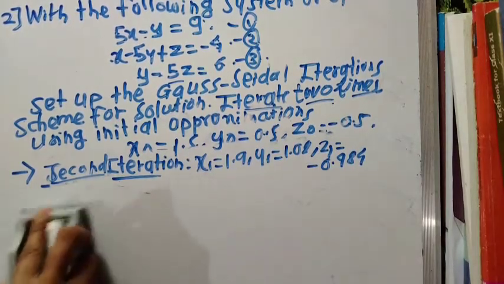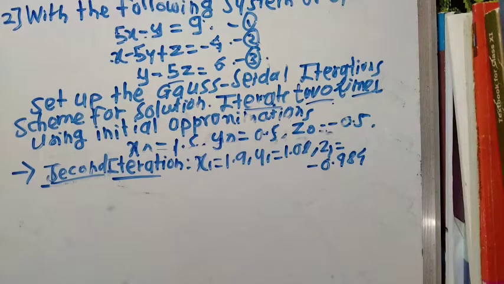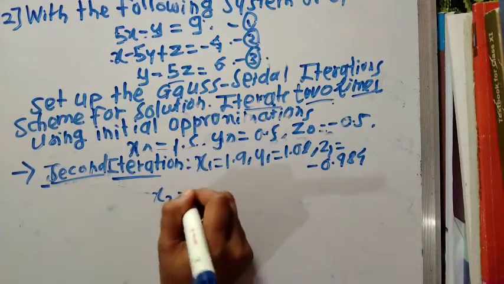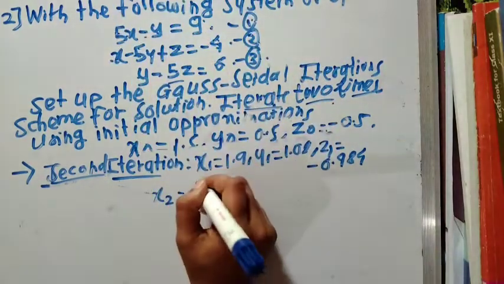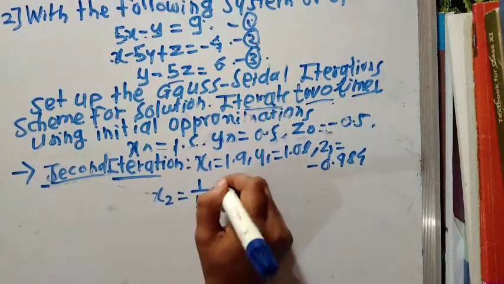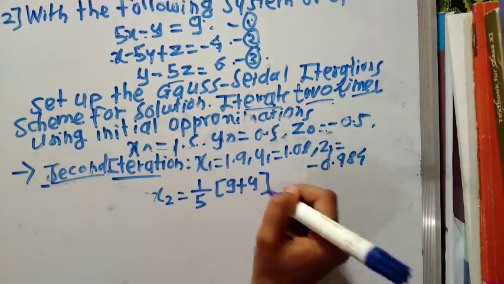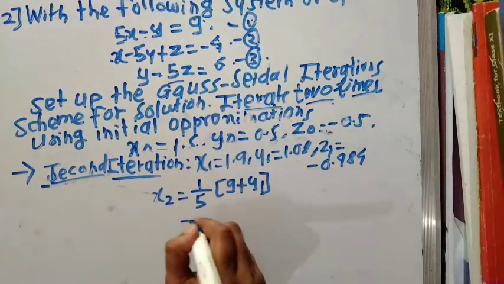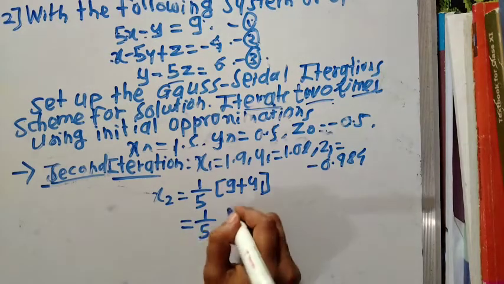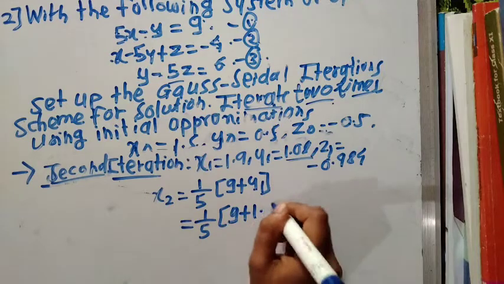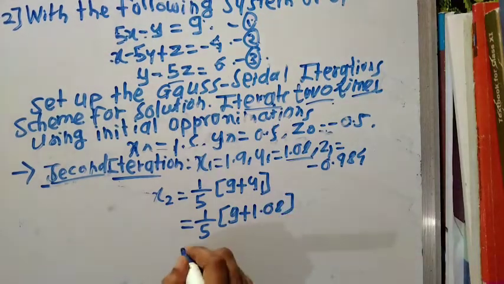Then from this, find out x2 from equation first. 1 divided by 5, 9 plus y1, which is 1.08.